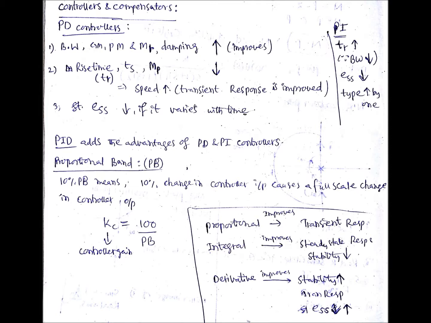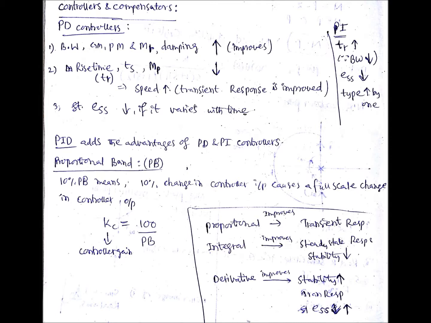Derivative has s in the Laplace transform and integral has 1 by s, so the properties will be mostly inverse to each other. As in the PD controller the rise time is decreasing, here in the PI controller the rise time is going to increase, and so the bandwidth is going to reduce, but the steady state error is going to reduce.